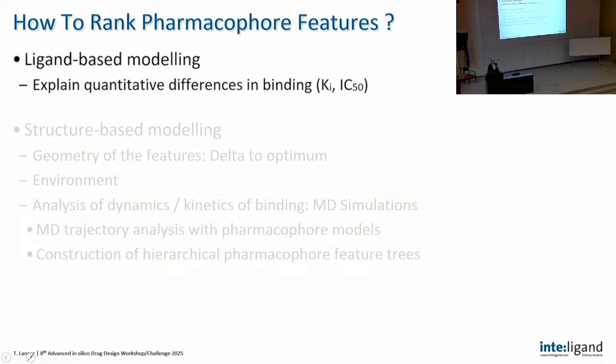I just want to touch a little bit on this ligand-based modeling, where we explain quantitative differences in binding, like expressed in Ki or IC50, for instance.